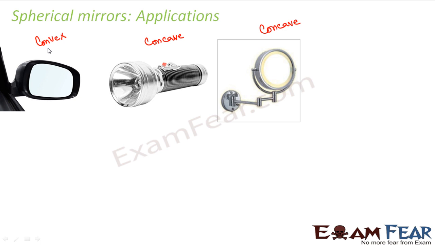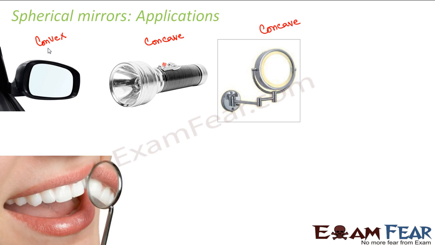So we cannot use a concave mirror in this case because while you are driving, it is not necessary that the vehicles behind will always be very far off. So a convex mirror is a better choice, firstly because it gives diminished images. At the same time, it also gives virtual and erect images. So for rear view mirrors, a convex mirror is a better choice.